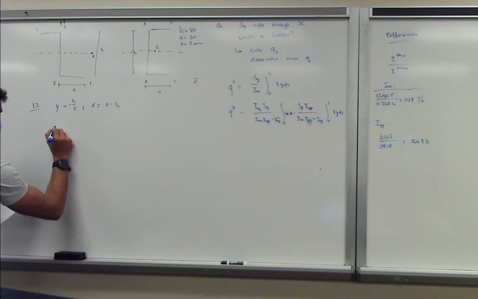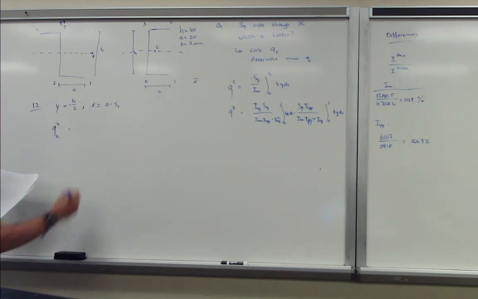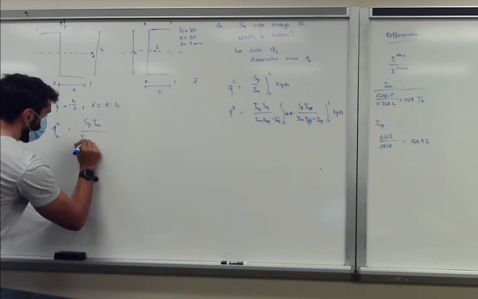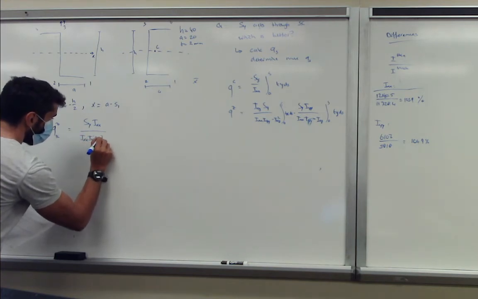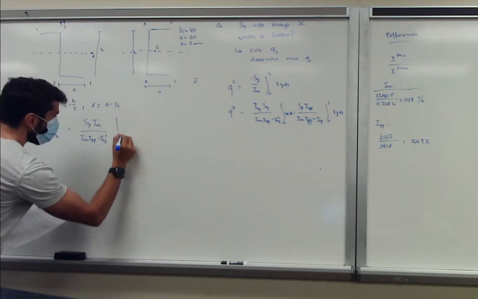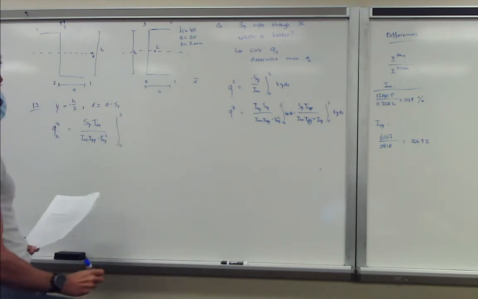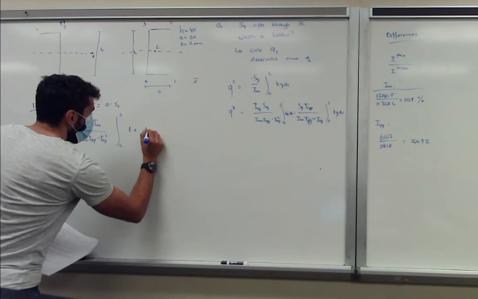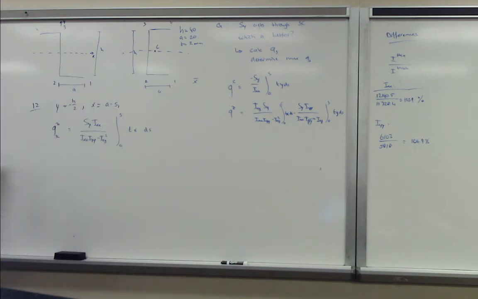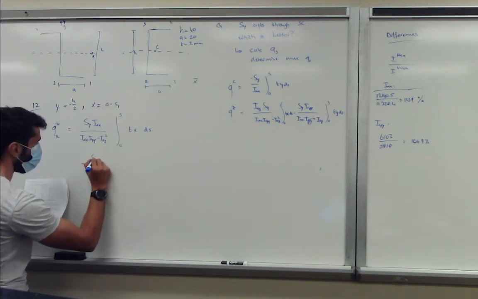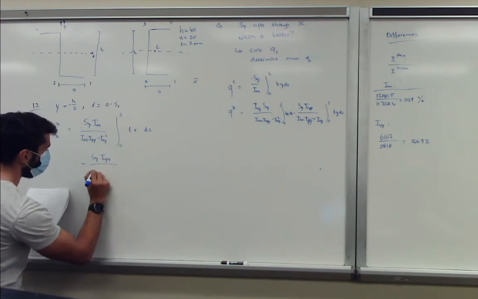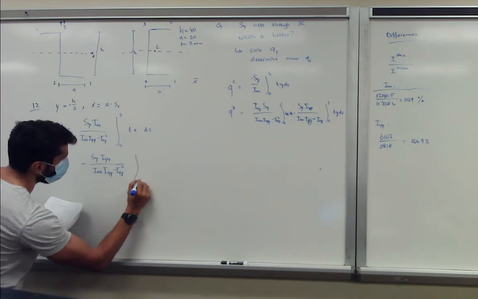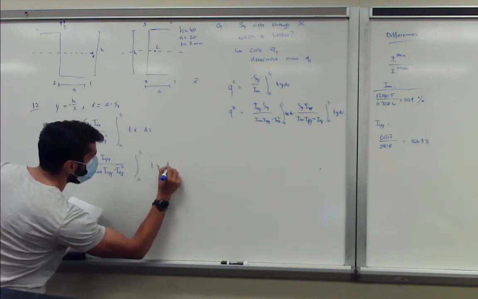So we get Q 1, 2 for the Z section: Sy Ixx over Ixx Iyy minus Ixy squared, integral from 0 to s of t times x ds, and then minus Sy Iyy over Ixx Iyy minus Ixy squared, integral from 0 to s of t y ds.